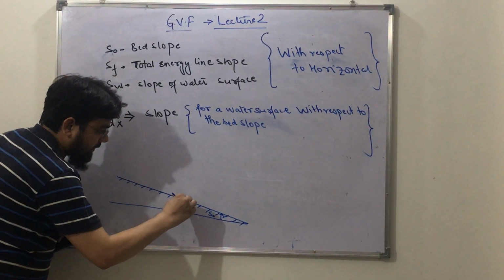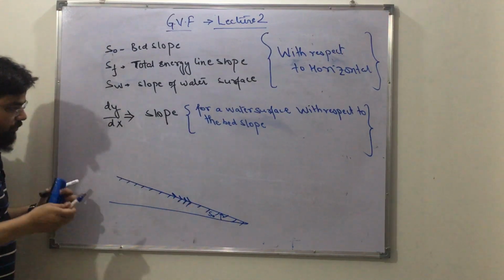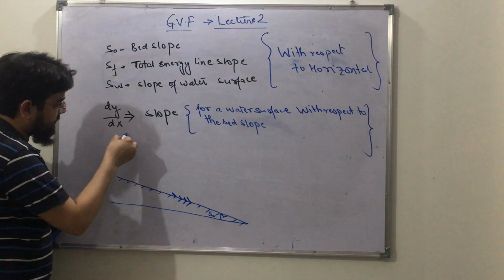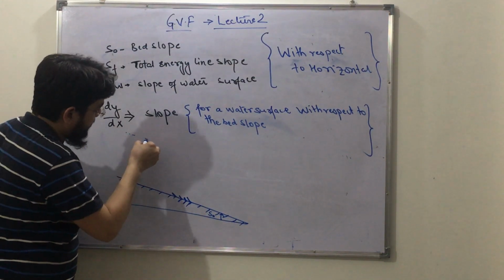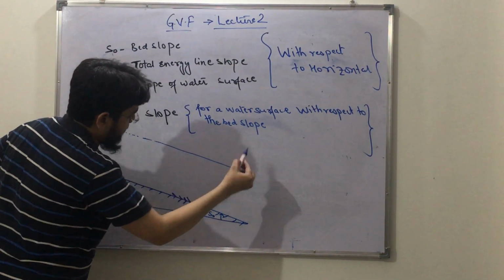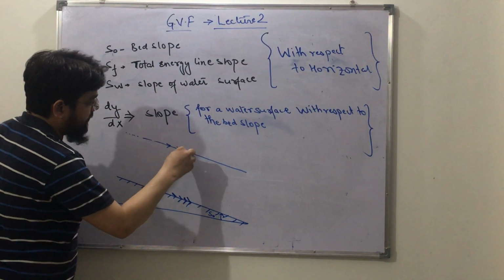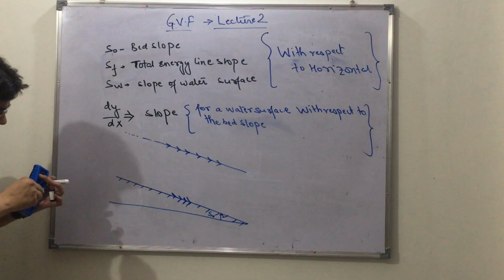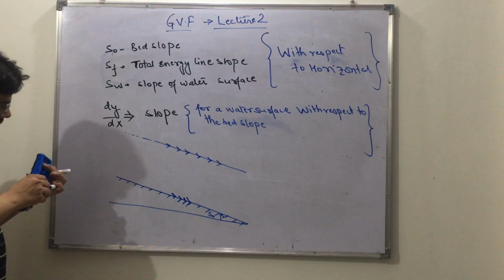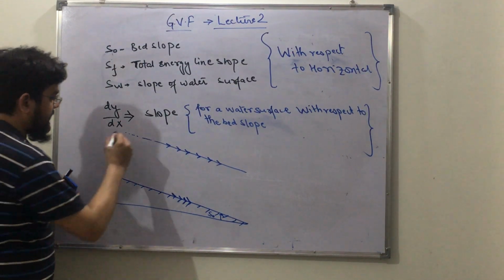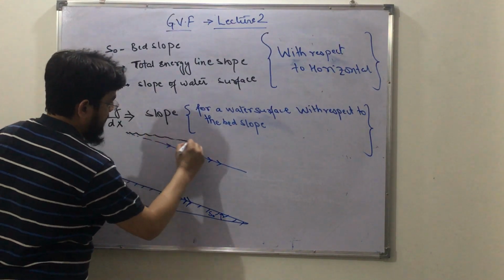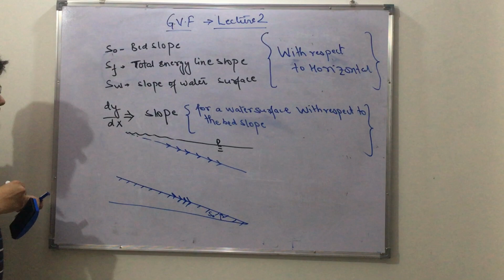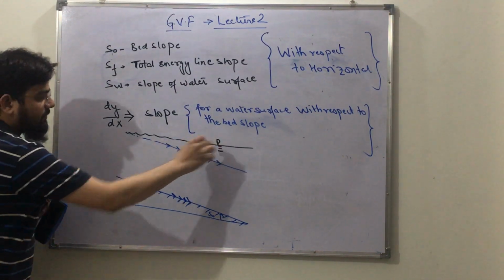This is bed slope. Now I draw another line parallel to the bed slope. This is a line parallel to the bed slope. There is some water surface elevation. This is the water surface elevation.